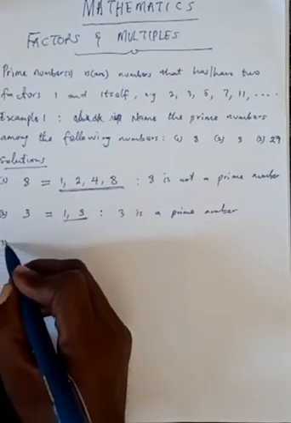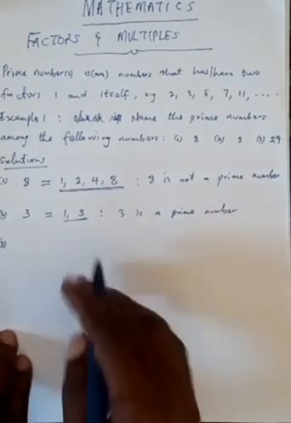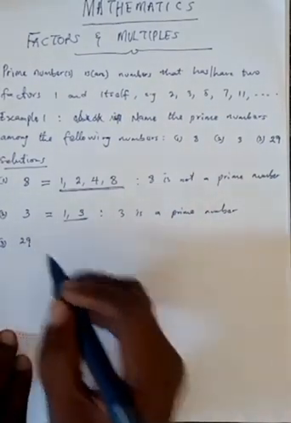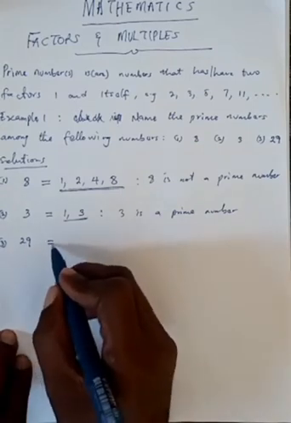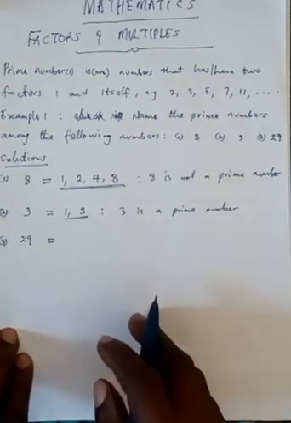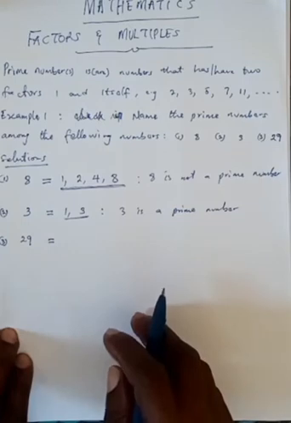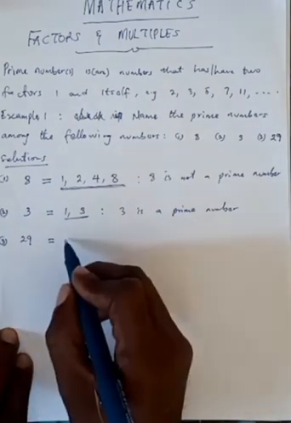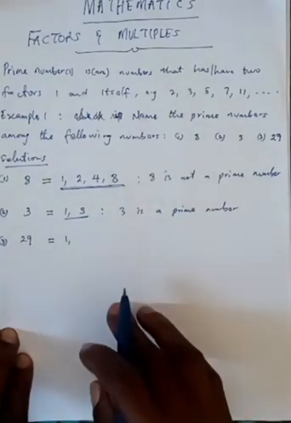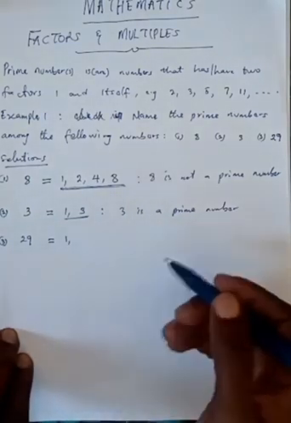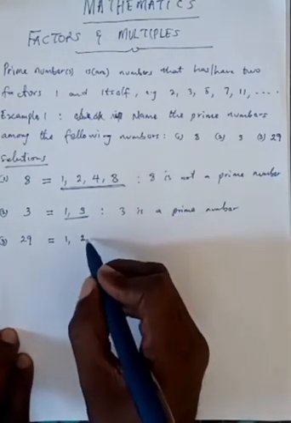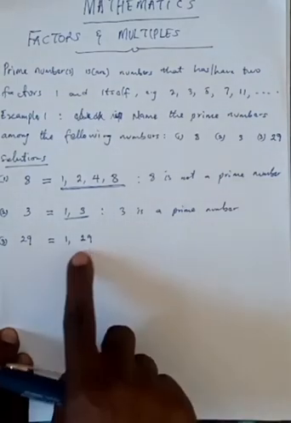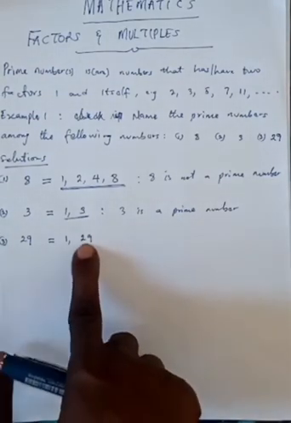Now number 3 here, what I have there is 29. Now let us check 29 very well. We are going to start by listing its factors as well. We know the minimum number that can divide any number is 1. So 2, 3, or any other number cannot divide this 29 except 29 itself. I don't want to take much of our time on this, as it is part of what we've done.